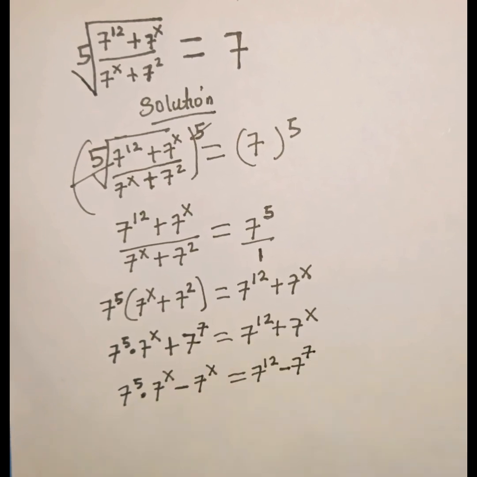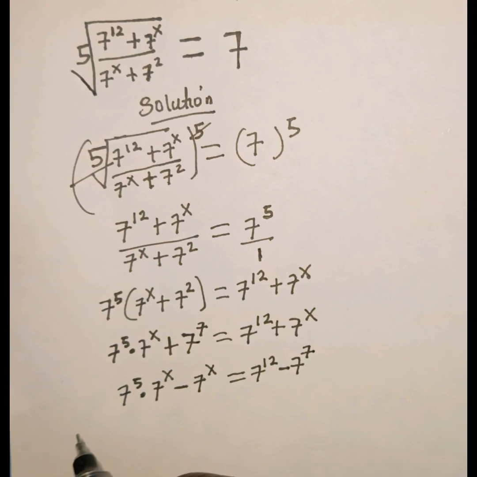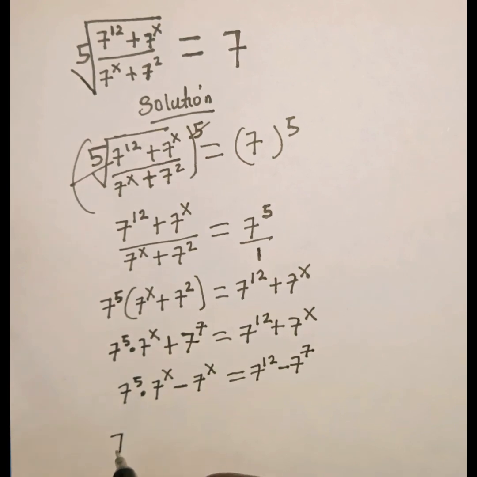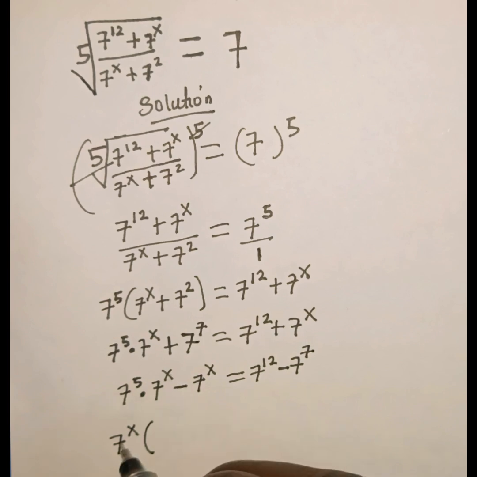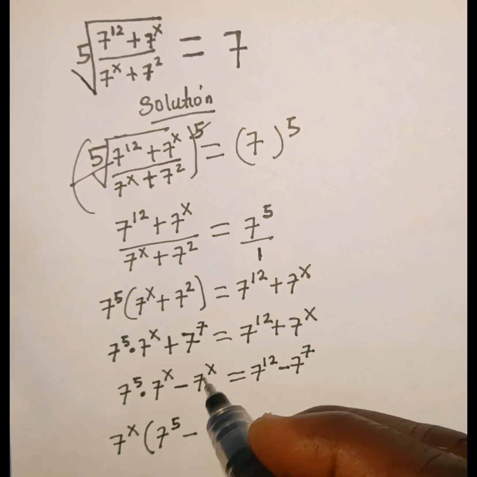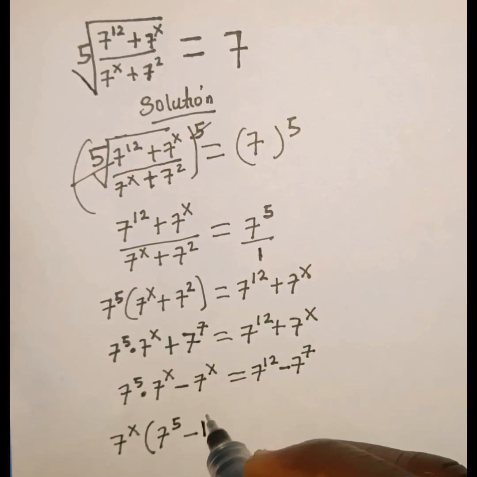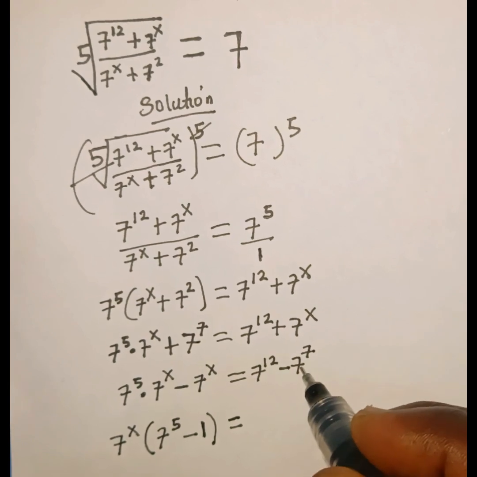The next thing we're going to do is check if we can factor out anything in common. If you check the left hand side, 7 to the power of x is common. So we factor out 7 raised to the power of x, then we open a bracket. 7 to the power of x divided by 7 to the power of x cancels. It will remain only 7 raised to the power of 5, minus 7 to the power of x divided by 7 to the power of x, which is going to be 1. This is going to be equal to, on the right, 7 to the power of 12 and 7 to the power of 7.